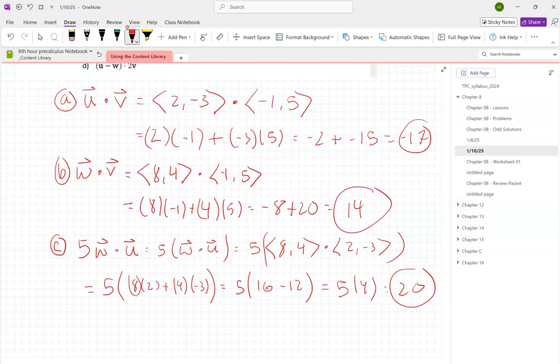I like to do the dot product first and then multiply it by 5. But you could have done the multiplying 5 to either vector first and then do the dot product.